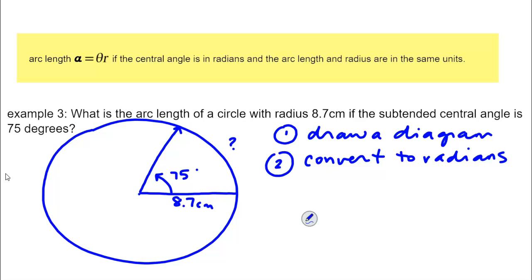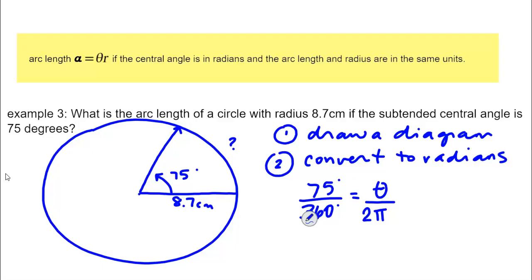So here we have 75 degrees. Full rotation in degrees is 360. And that will be proportional or equal to our angle in radians, that's theta, over a full rotation in radians. We can cross multiply and reduce.